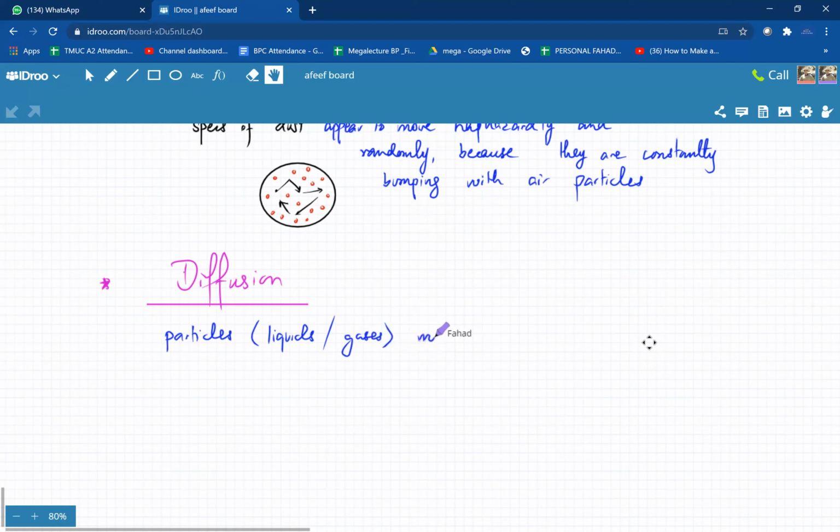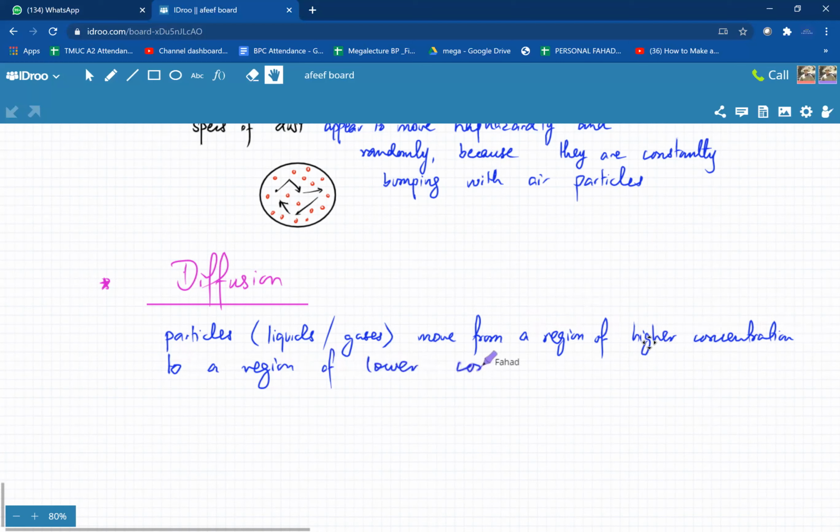Now a region of higher concentration simply means it's the place where there are lots of particles, right? They move from a region of higher concentration to a region of lower concentration due to random movements.